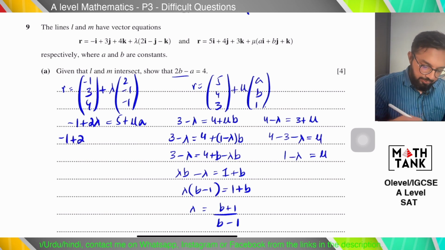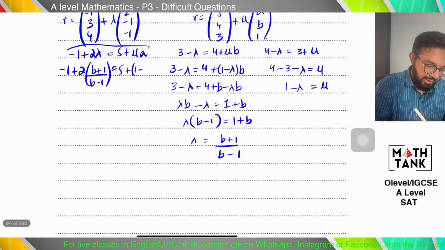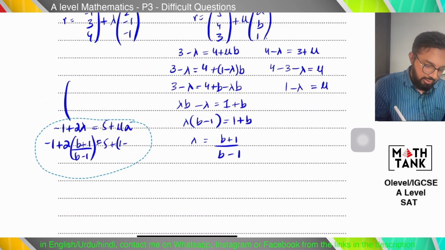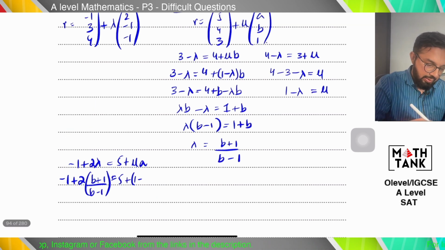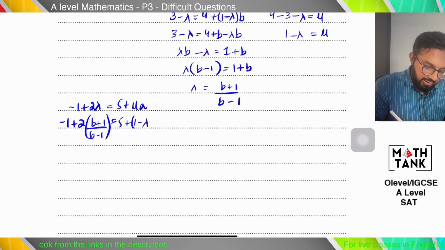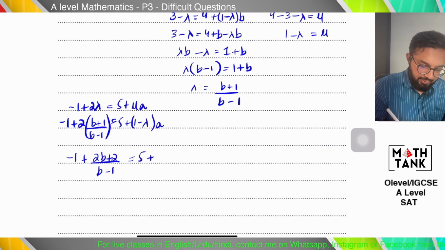Minus 1 plus 2 times b plus 1 over b minus 1 equals 5 times 1 minus lambda, and then lambda is itself b plus 1 over... let's do that in a different way. 1 minus lambda a equals 5 plus a minus lambda a.